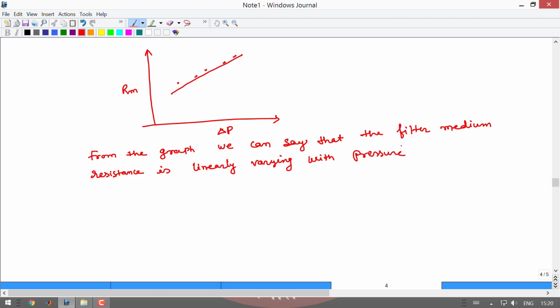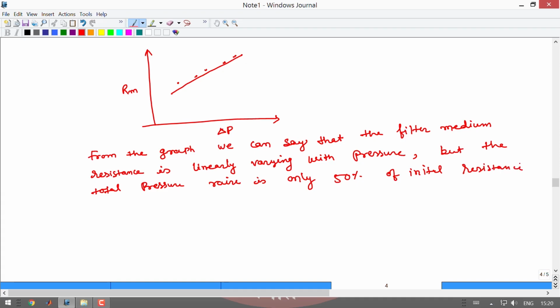But the total pressure rise is only 50% of initial resistance.